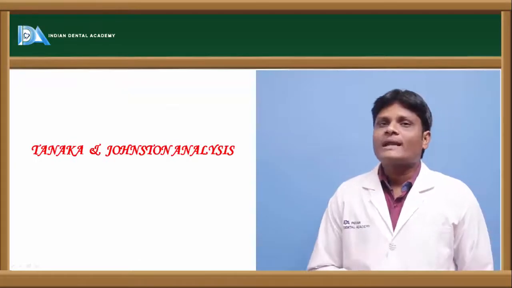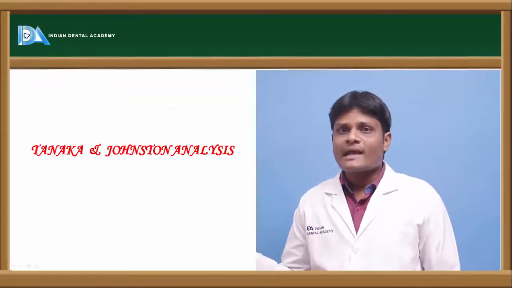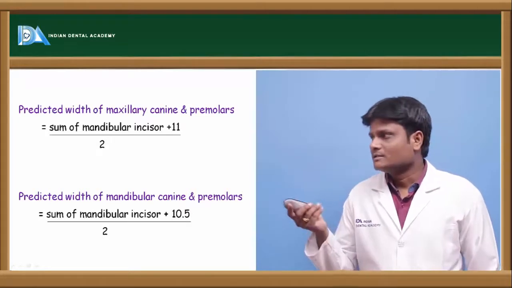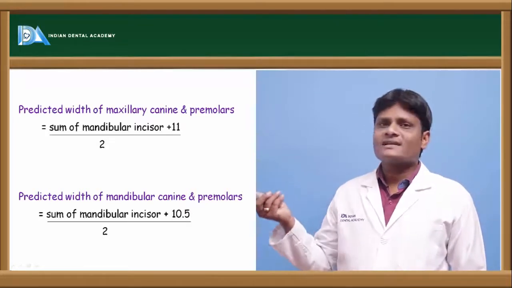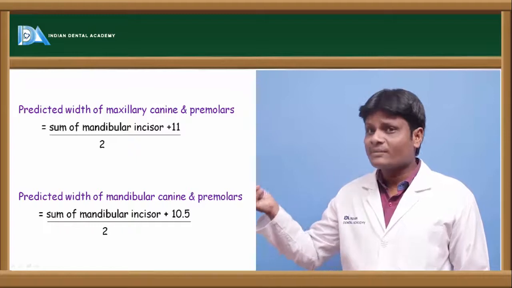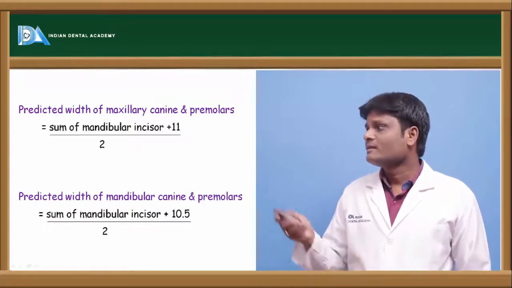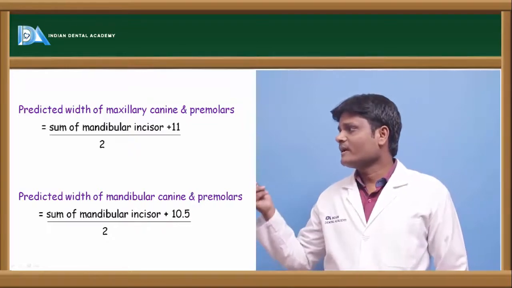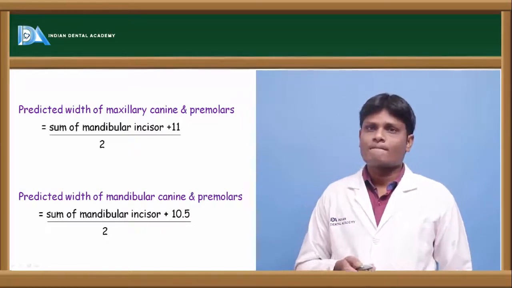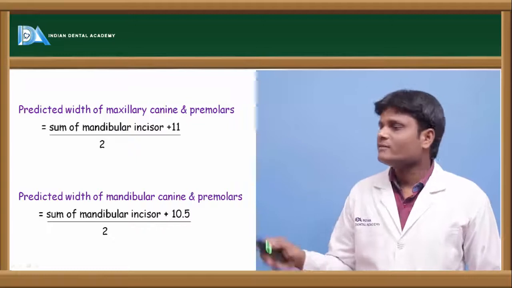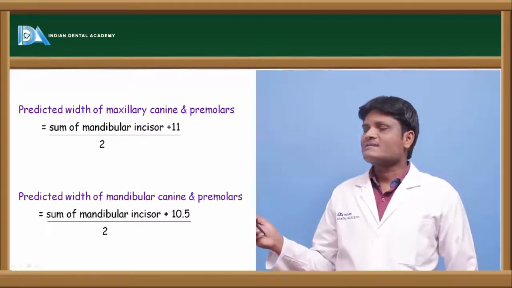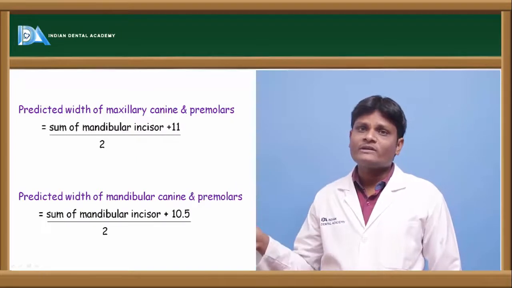Next important analysis of the mixed dentition is Tanaka and Johnston analysis. It's nothing but a simple formula. The predicted width of the maxillary canine and premolars, unerupted maxillary canine and premolars, is given by the sum of mandibular incisors divided by 2 plus 11. Whereas the predicted width of the mandibular canine and premolars is given by the sum of mandibular incisors divided by 2 plus 10.5.